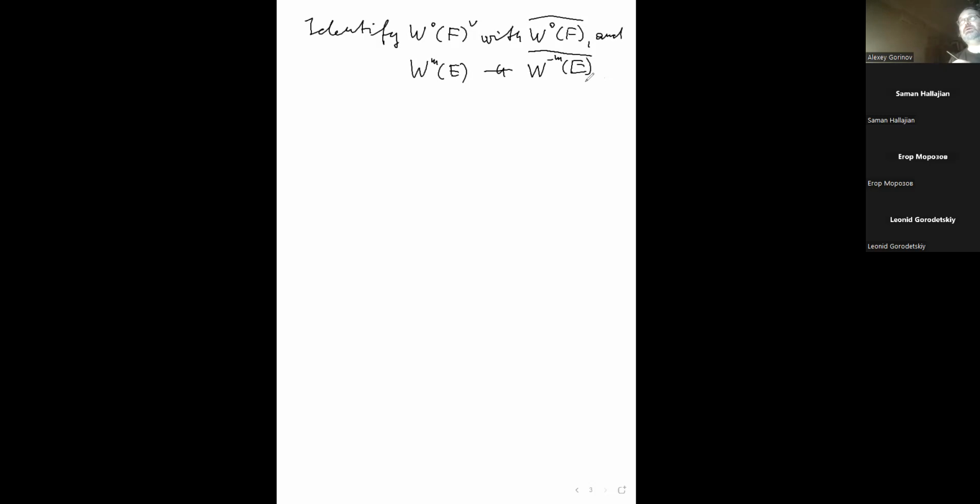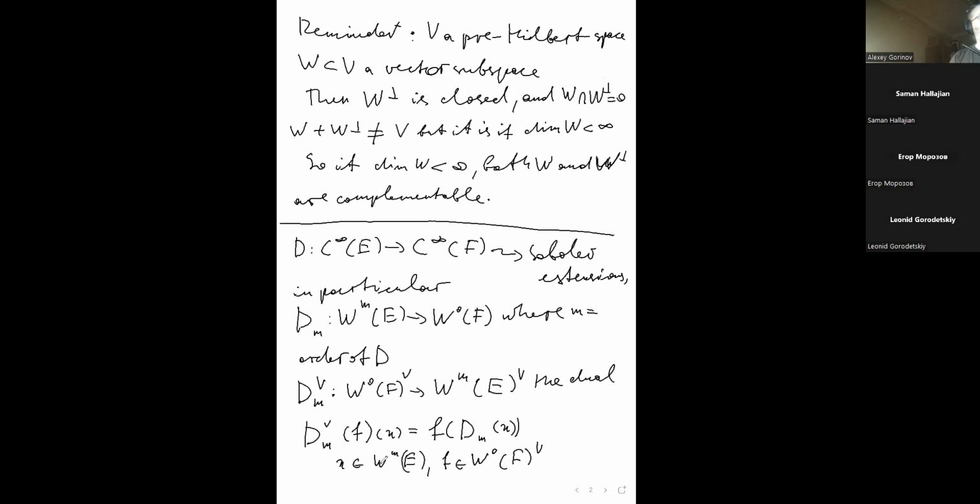Let's identify the dual spaces with the complex conjugate of the Sobolev spaces with minus the index.